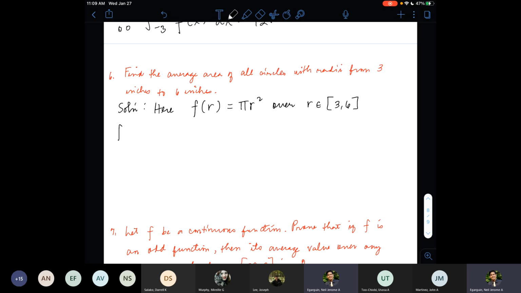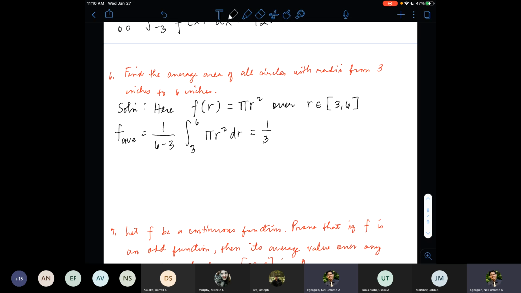Okay, so the average value will then be 1 over the length of the interval. Our interval is from 3 to 6, so the length would be 6 minus 3. Then the integral from 3 to 6 of the function f dr, all right? Here the variable of integration is r. And then we evaluate.